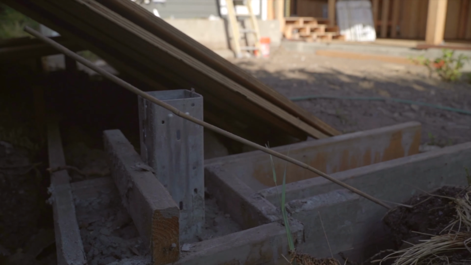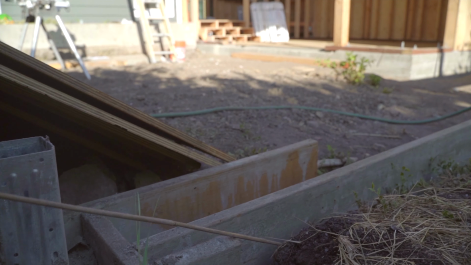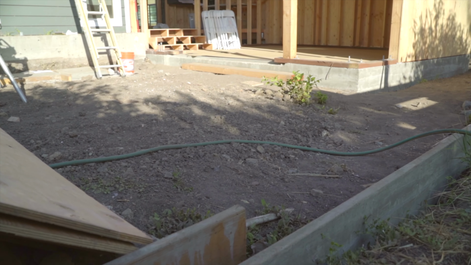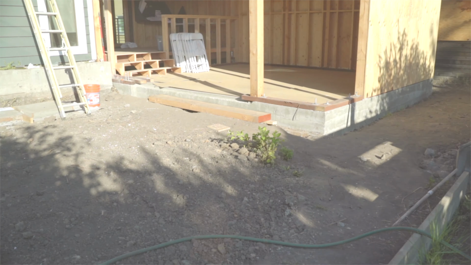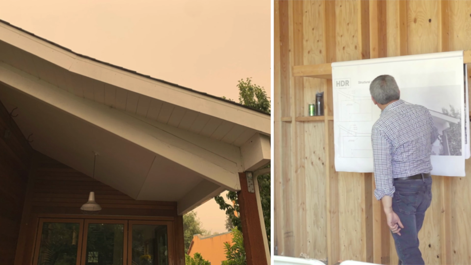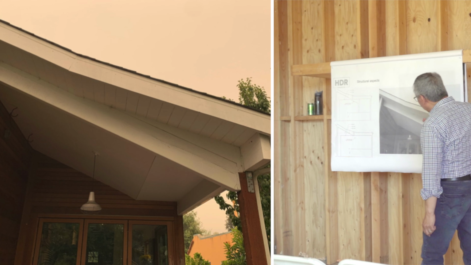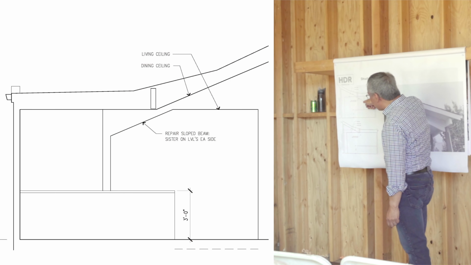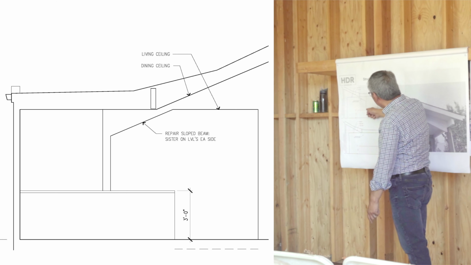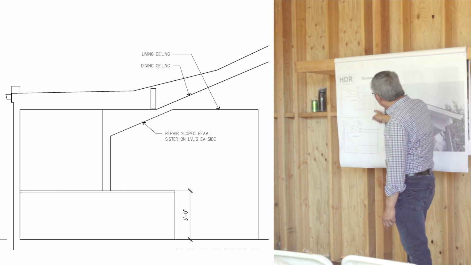Okay, so I wanted to point out some of the structural aspects of the project. A lot of it was trying to keep the geometry nice and clean. So this beam, had I kept it, it would have come down this way, and you would have had a post that landed on top of that half wall.